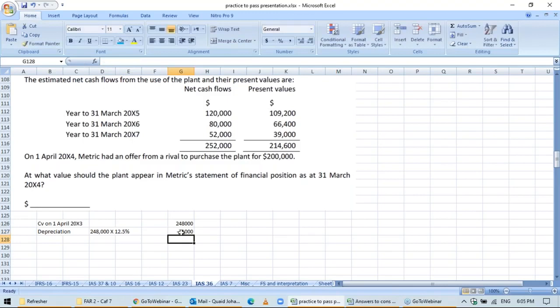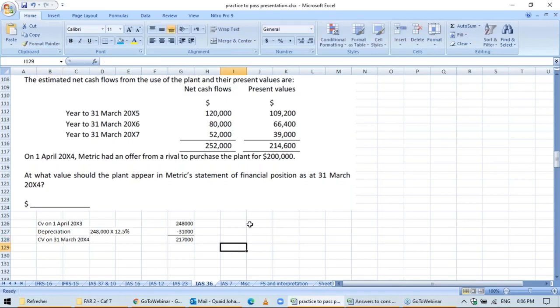This makes 31,000. Now deducting the depreciation brings the carrying value down to 217,000. Now this is the carrying value on 31st of March 20x4.